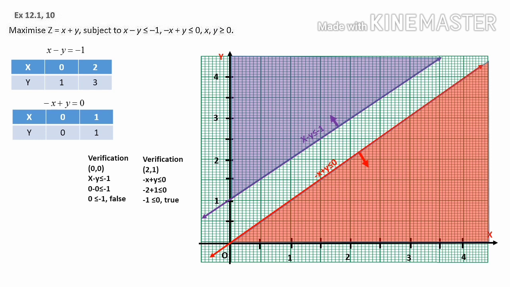So no portion comes common which satisfies all these four inequalities, because this line sends the feasible region upwards and the red line sends it downwards. So there is no common portion available. As there is no common region, there is no feasible region. Thus z has no maximum value. That is our conclusion.